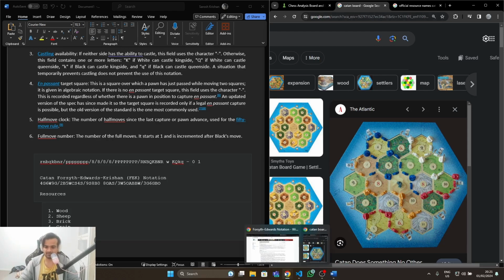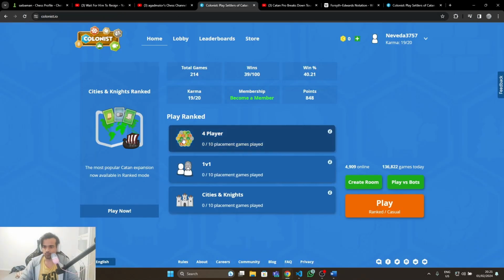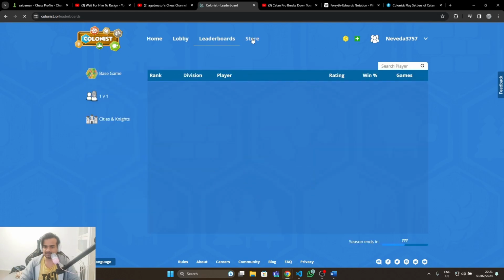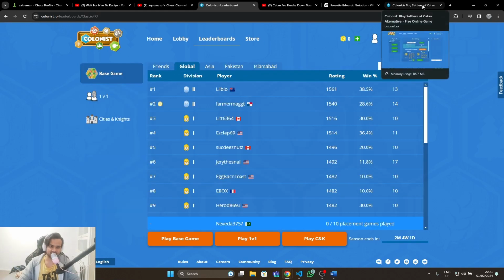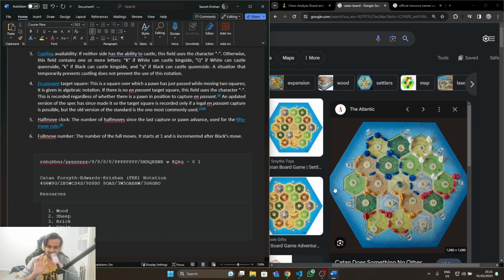We can even check Colonist, I think. I don't want to start a game and then leave it. Just trust me on this. The top left is a port.